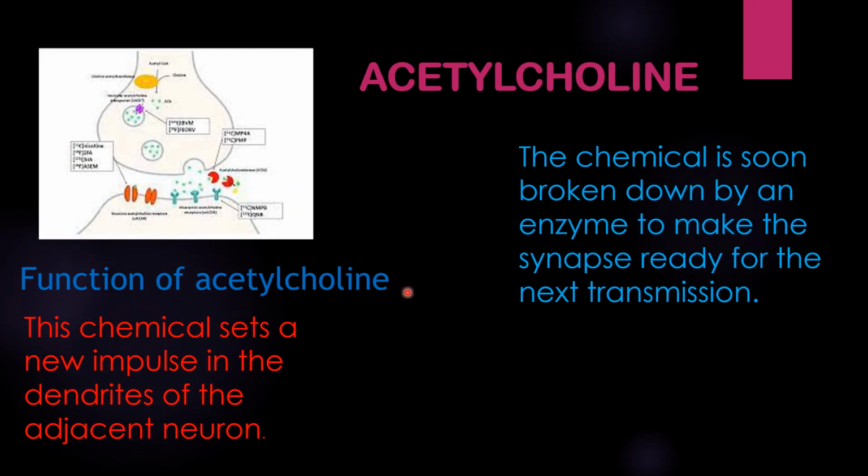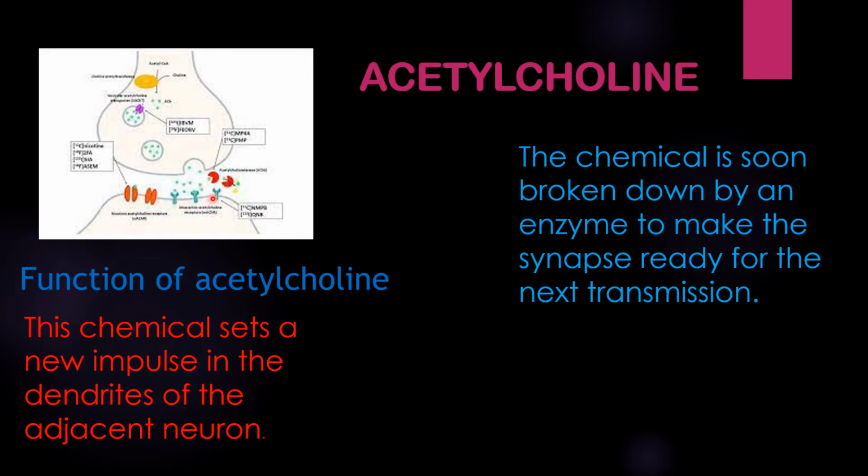What is the function of acetylcholine? Acetylcholine, a chemical or neurotransmitter, is produced in axon endings. This chemical sets a new impulse in the dendrites of the adjacent neuron. This is the adjacent neuron, dendrites of the adjacent neuron.